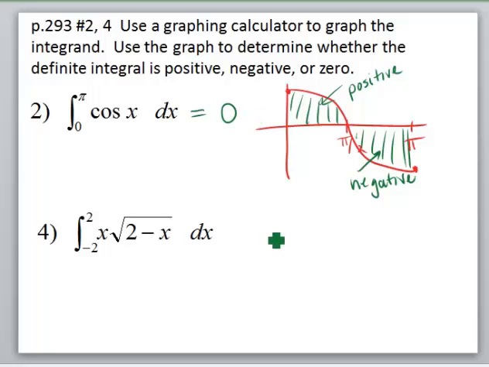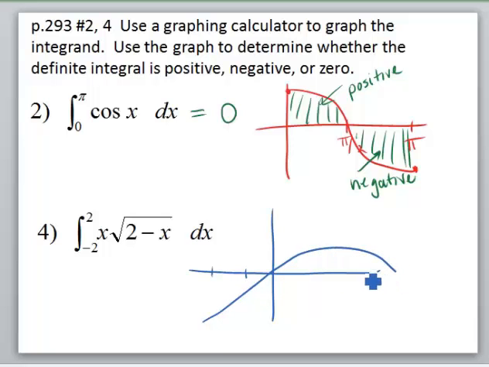This next picture, if you go ahead and graph it on your graphing calculator, you will see that it looks something along these lines. And we're talking about the area underneath the curve from negative 2. I've got this spread out a little too far, so let me see if I can fix this, make it look a little more like what the curve looks like.